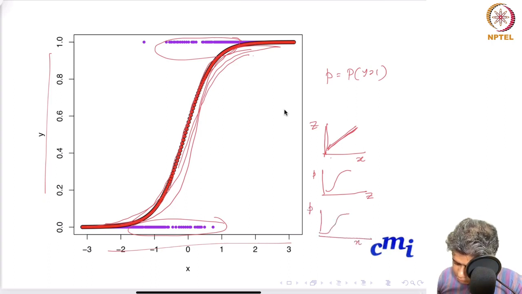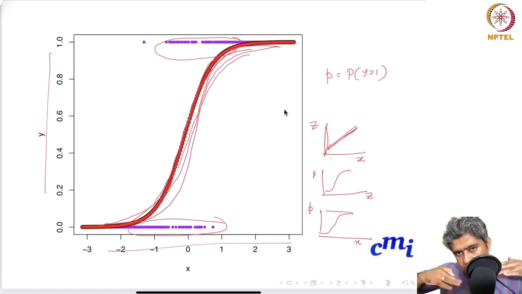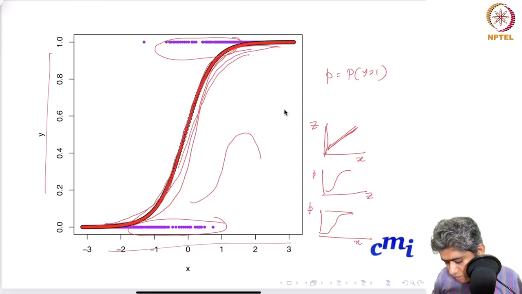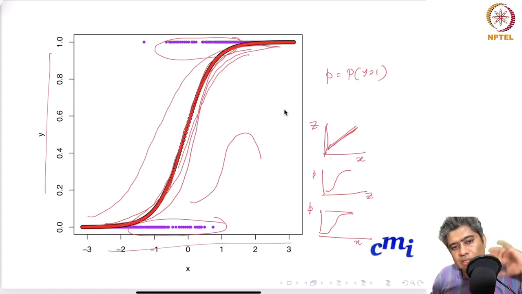So it is putting it into some sort of elongated curve, but it is a continuously monotonic function. It is not a non-monotonic function. It is never going up and then coming down. It is always increasing constantly. It is bounded between 0 and 1 because it is a probability, but it is continuously increasing.